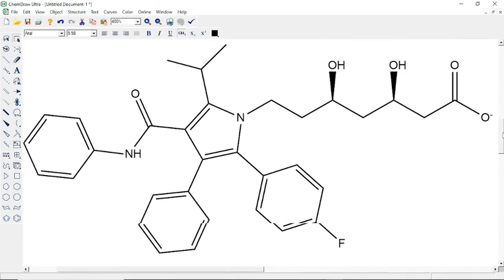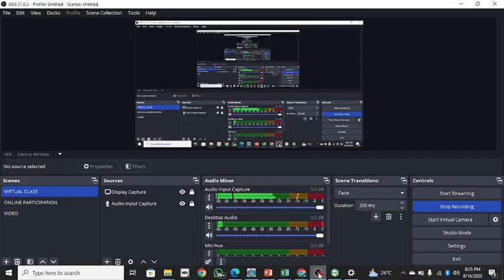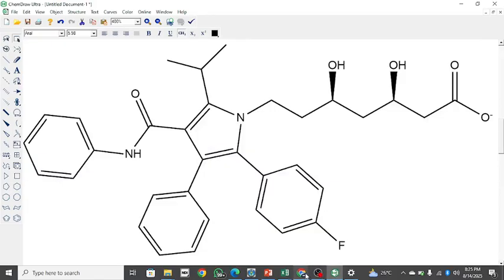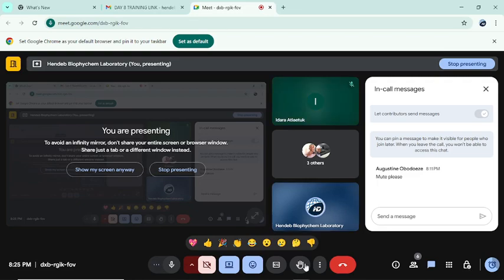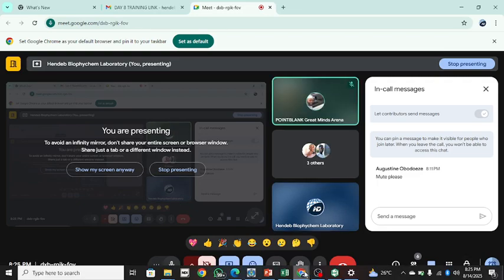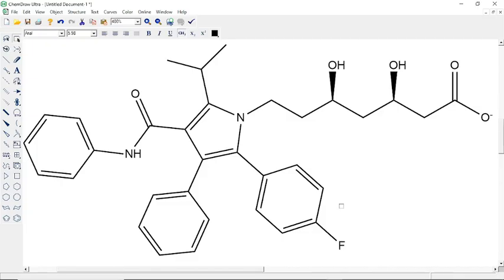Look at this one, atorvastatin. How many binding sites has atorvastatin? What can you say? How many can you locate? Cannot see your screen. The screen is not sharing. You can see it now. It's actually network. You can see it now, right?